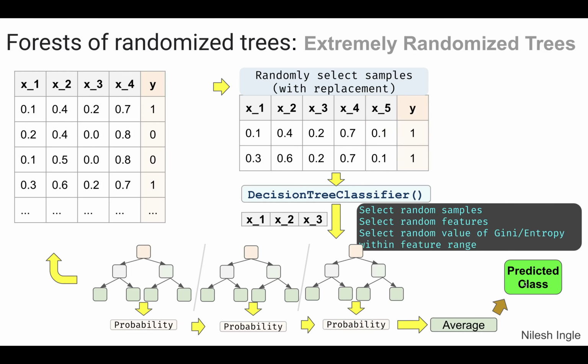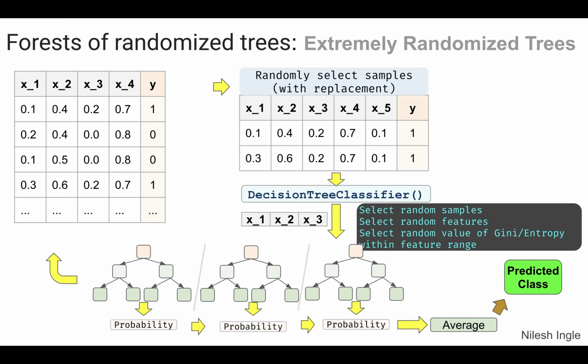In extremely randomized trees, the only difference is that when we are trying to select a feature for a particular node that needs to be split, the feature that is chosen is not the one with the lowest Gini value.